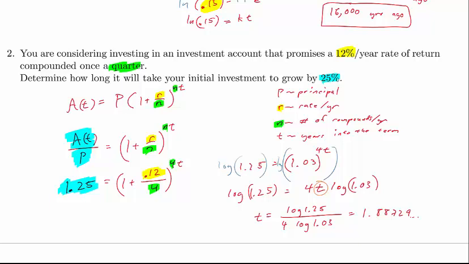So this would mean that 2 years would be the answer. Because our last compound was at 1.75 years, and then we have another compound at 2 years. So at 1.75, we didn't quite get up to 25% more. At the 2-year mark, we will be a little above 25% more, but you will not see a 25% growth until you hit the 2-year mark, as we have it set up.